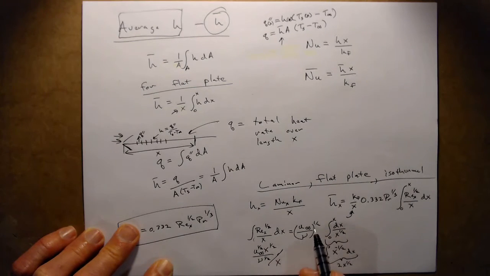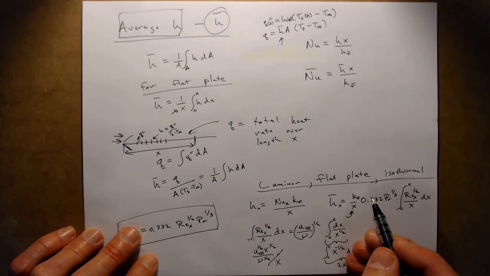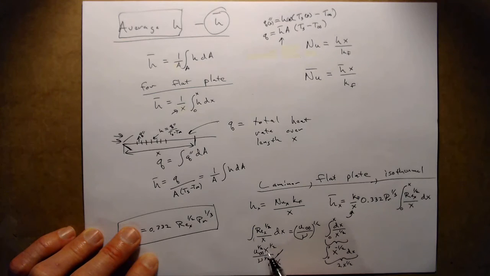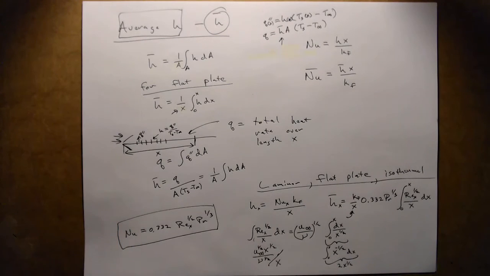So if we expand that, we can pull out velocity over kinematic viscosity to the 1/2 power, and we've got x to the 1/2 power divided by x, or just 1 over x to the 1/2 power. And so this is the integral from 0 to x of x to the minus 1/2 times dx, or just 2x to the 1/2 power.